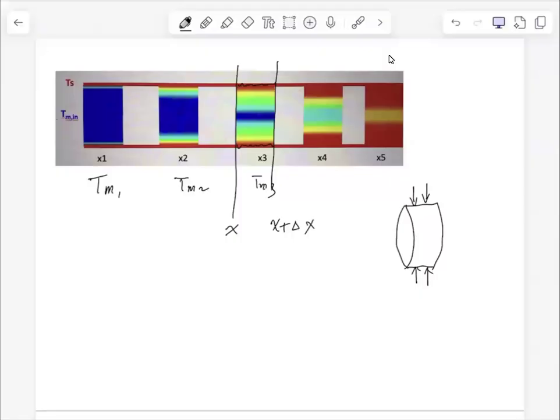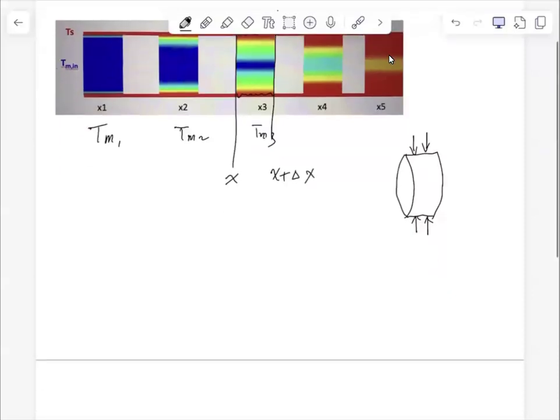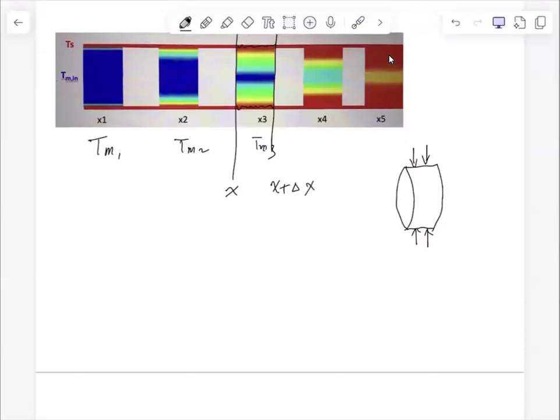You can calculate the volume of this fluid, calculate the thermal capacity, and then also calculate how much heat you need in order to increase the thermal energy or the internal energy of this volume of fluid. So the energy balance will be still the same as before.